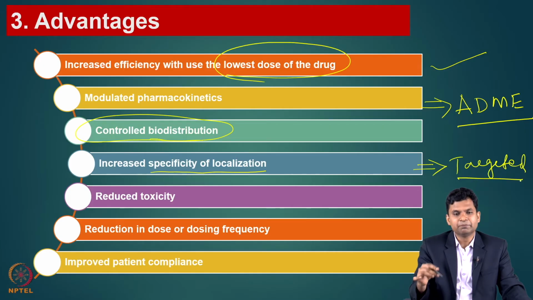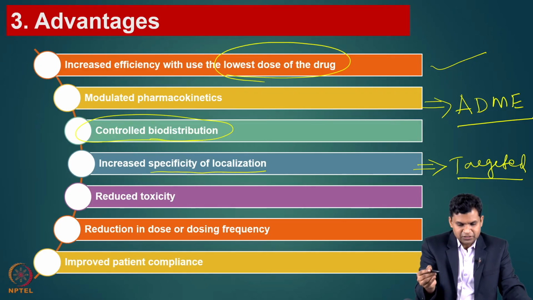If you are looking at a particular organ, by modifying with various antibodies and functionalities, your carrier will go and be retained at that particular target site compared with conventional systems.